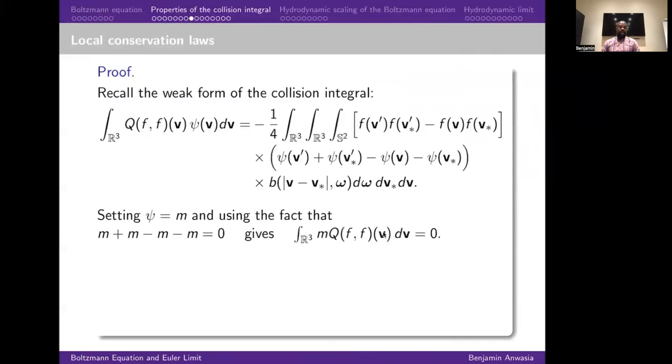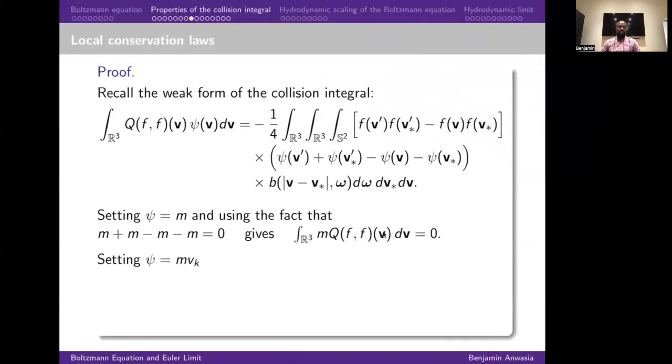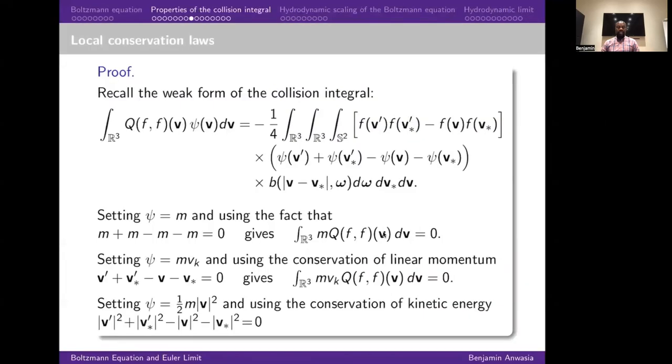Also, setting psi to be equal to components of the momentum and using the conservation of momentum gives property 2. Lastly, setting psi to be equal to the kinetic energy and using the conservation of kinetic energy gives property 3. Now, let me introduce the notion of collision invariant.